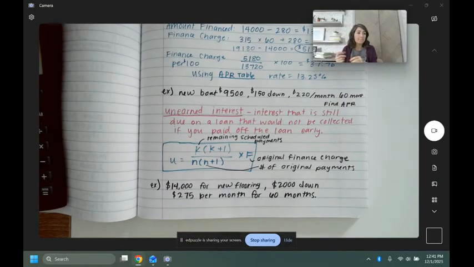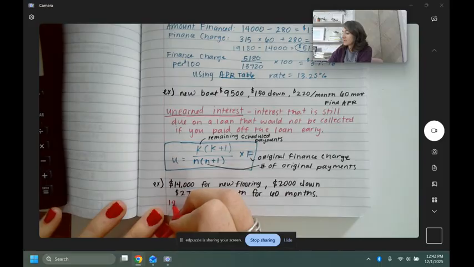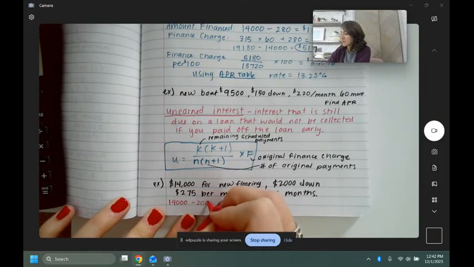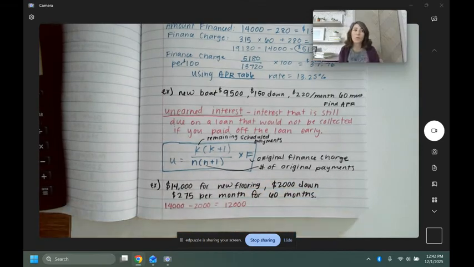Okay. So what is the finance amount? If I get $14,000 minus my $2,000 down payment, I need a loan for $12,000, right?